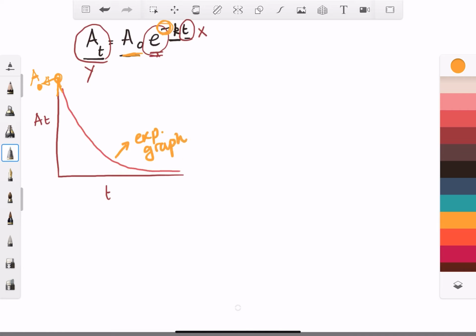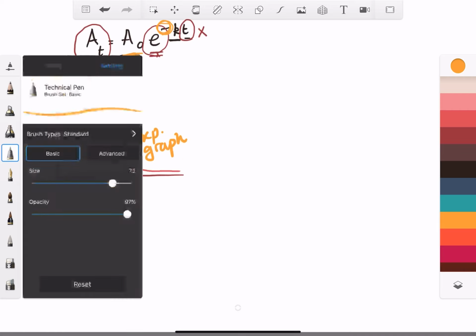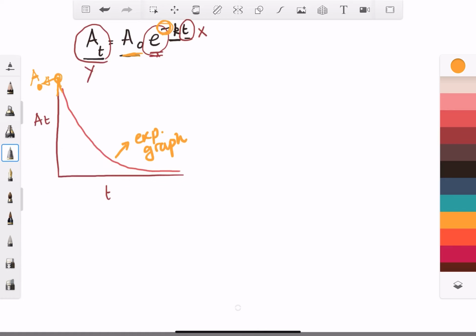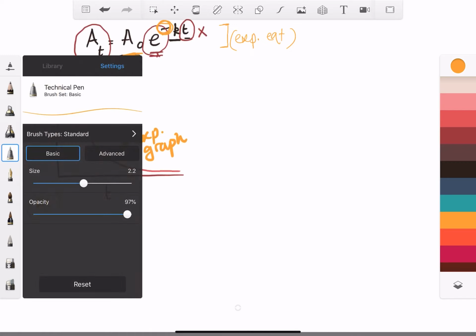So you can't do that as we were doing for the previous two equations, because this is an exponential equation. Okay, so this will be on a rectilinear graph or linear graph.